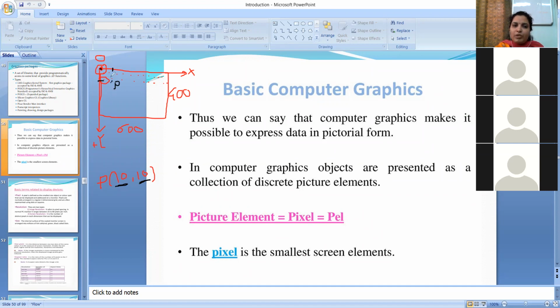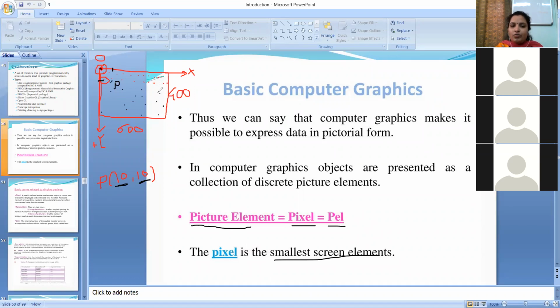Now P is nothing but a pixel, or picture element. A picture element is also called a pixel, or a PEL. It is nothing but the smallest screen element. The screen has a number of dots or pixels, and every pixel has its own X and Y coordinate and its color.